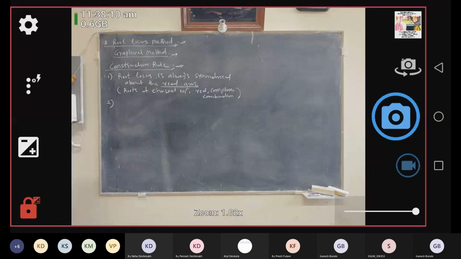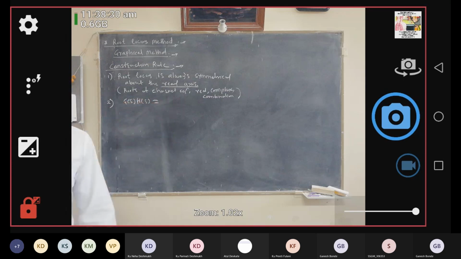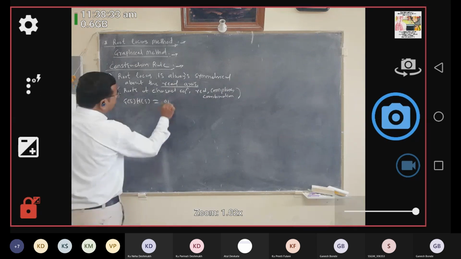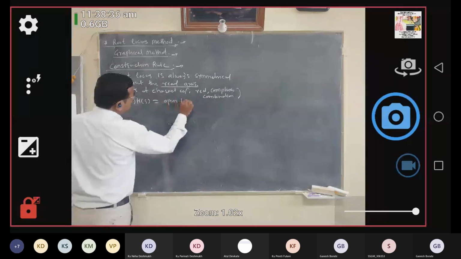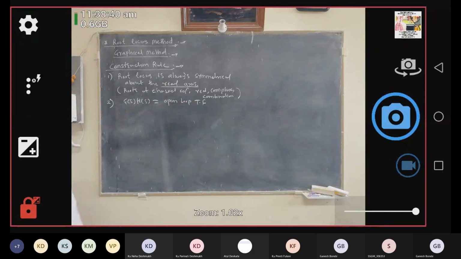Second rule: first of all, we have to find out how many poles and how many zeros are present in the transfer function. The open loop transfer function G(s)H(s) is given to us.